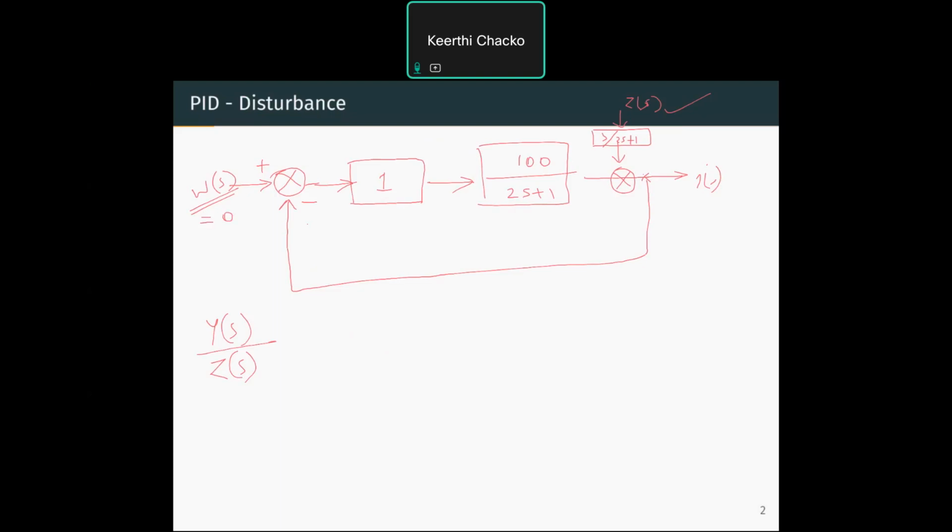When there is no input, when there is nothing given here as input, provided W(s) is 0. So how to find Y(s) by Z(s)? So I am rearranging this same block diagram in a different way.